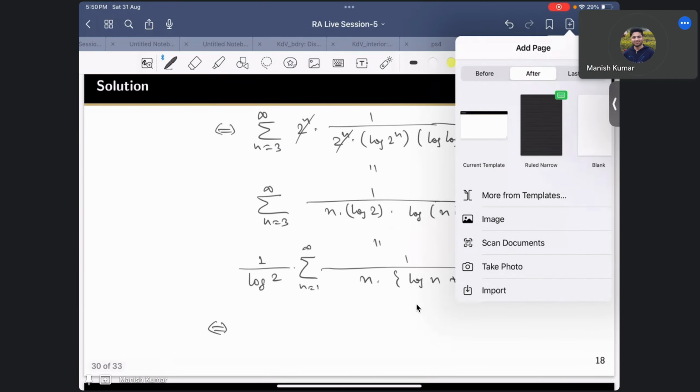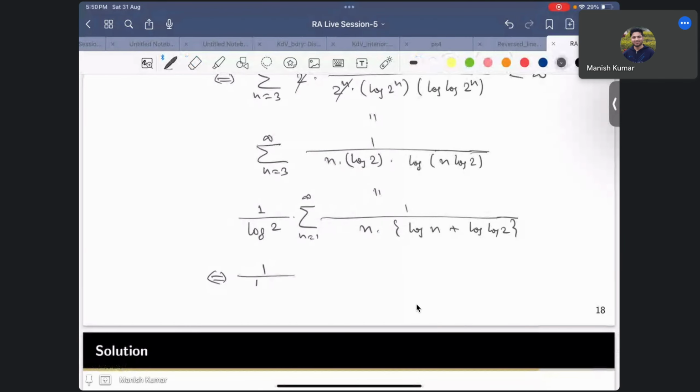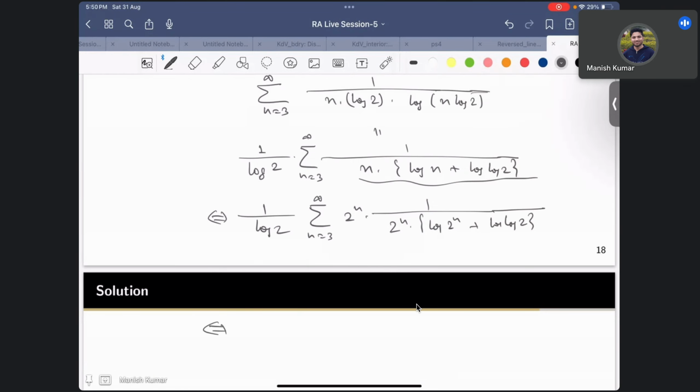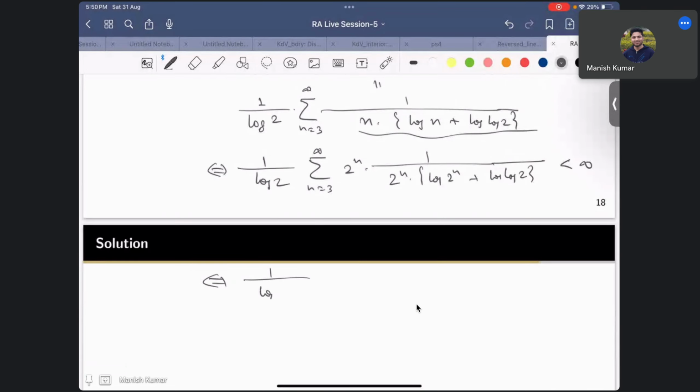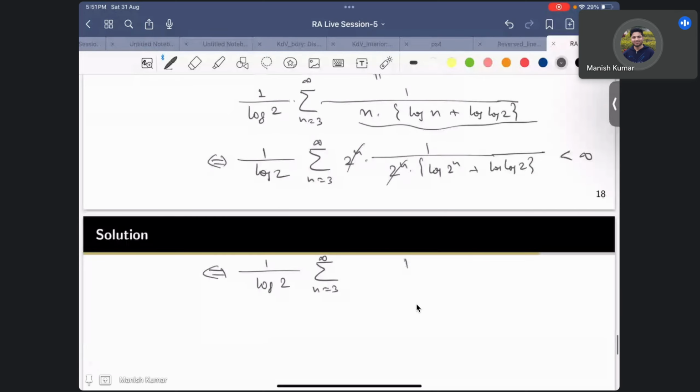This is convergent if and only if the summation n equals 3 to infinity of 2 raised to the power n into xn, where xn is 1 by n (log n plus log 2), converges. Now writing it out, the 2 raised to the power n cancels, so over here you will have 1 by n times log 2 plus log 2.